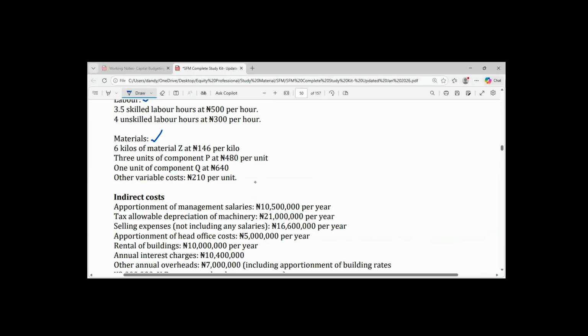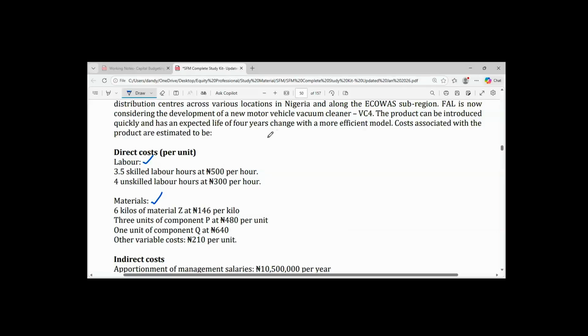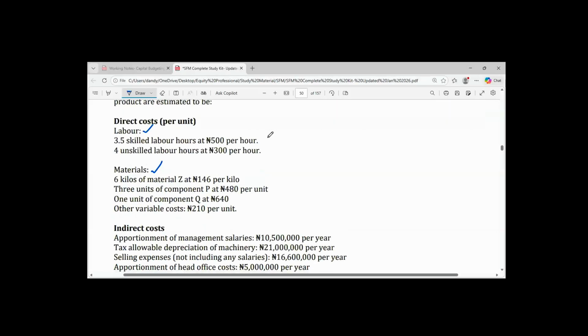Then step three, you advise on the acceptability of the project. But when you look at this question, you have to be very careful before you put your pen to paper. You must understand what you are doing before you begin to solve.